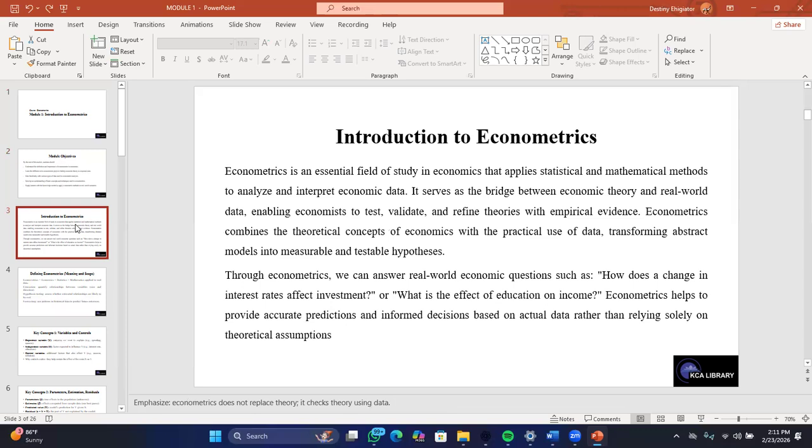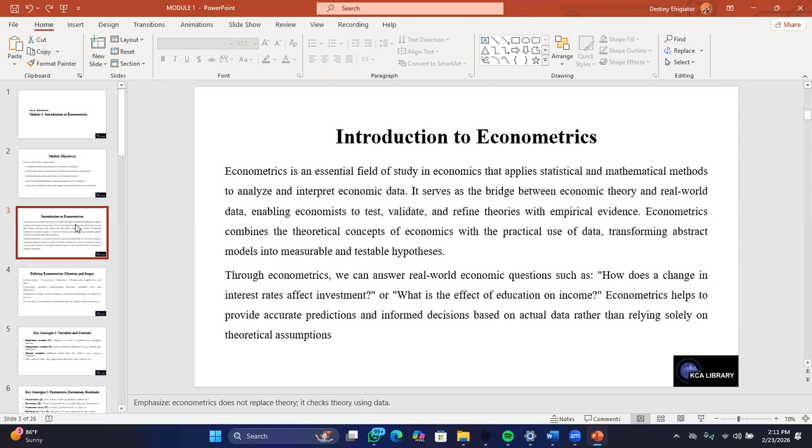By way of introduction, econometrics is an essential field of study in economics that applies statistical and mathematical methods to analyze and interpret economic data. It serves as the bridge between economic theory and real-world data, enabling economists to test, validate, and refine theories with empirical evidence. Econometrics combines the theoretical concepts of economics with the practical use of data, transforming abstract models into measurable and testable hypotheses.